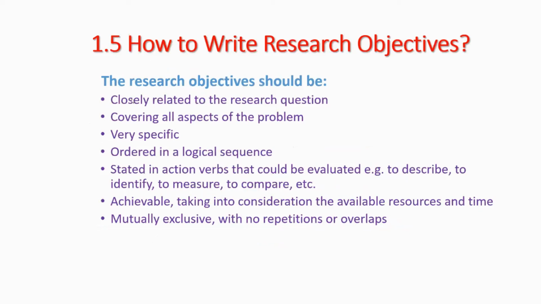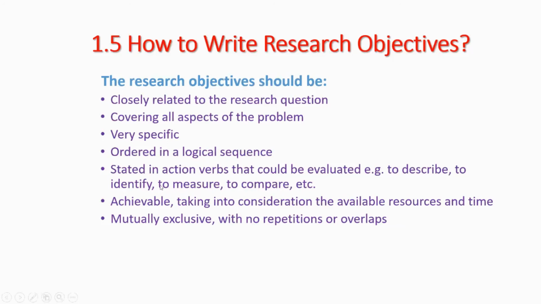So how to write the research objective? It is better for the same questions to be the same number in the objective form, closely related to the research questions, covering all aspects of the problem. It must be very specific, ordered in a logical sequence.